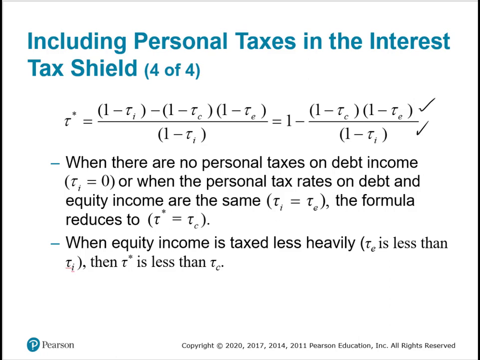So now what we basically have is we need to have an understanding of the relationships. If equity is taxed less heavily, which currently it is, then T sub E is less than T sub I. So then we're going to have an outcome, if you will, that we can now graph.